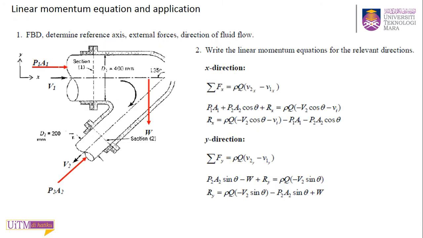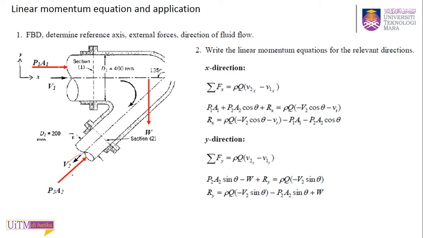Okay, when you label your free body diagram, you have your V1 comes in, and you have your P1A1 comes in as well to the right, and you have your W downwards, and you have your V2 comes out, and you have your P2A2 against this. You always add against, unless it releases to the atmosphere.